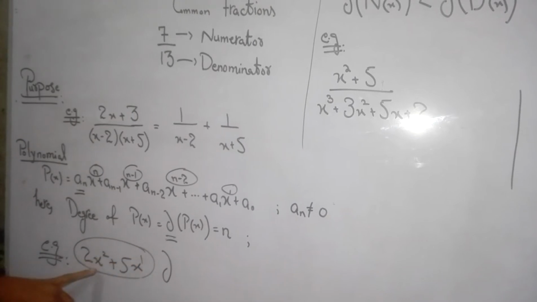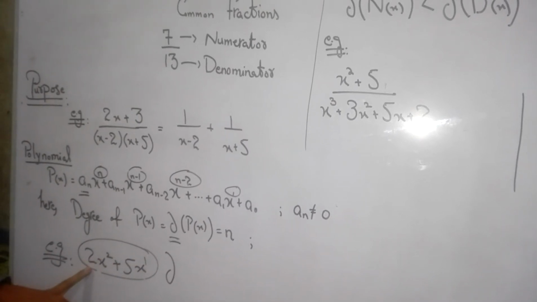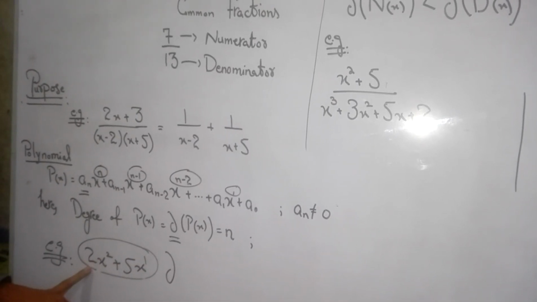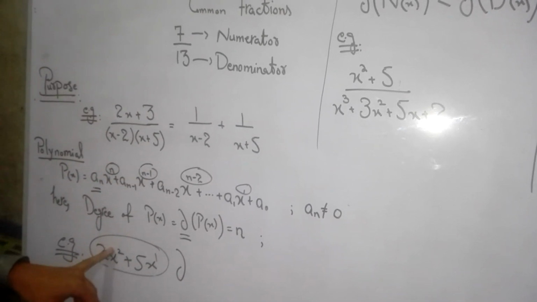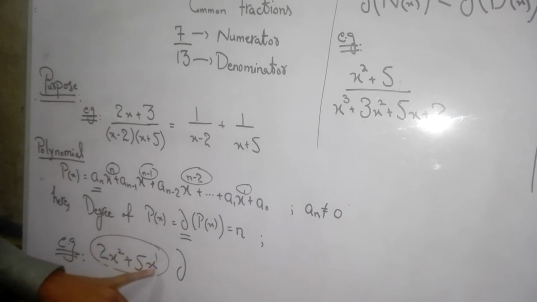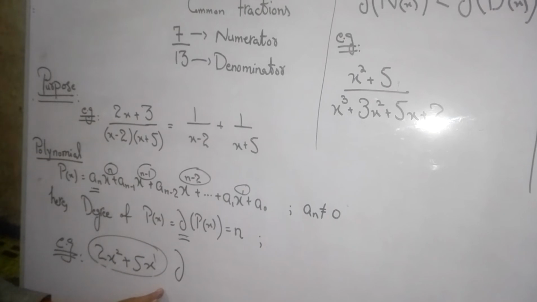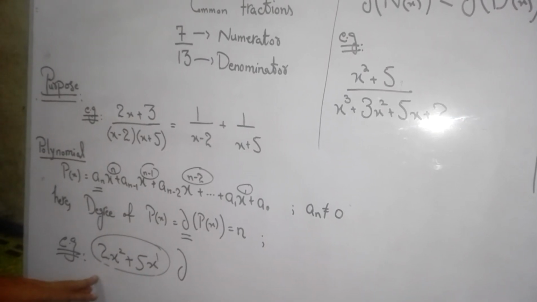The coefficient of x square is 2, which is non-zero, so one thing is ticked. Next, is the power of x negative? No, here it is 2, which is not negative, while the power of x in the next term is 1, again a positive number. So this is a polynomial, and the degree of this polynomial is 2.